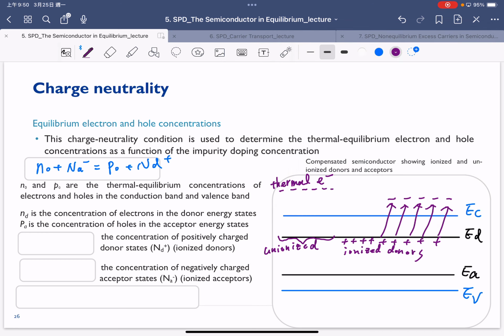And the same concept can also be applied in the case of the holes. So we have the electrons left in the acceptor state, and some part of them, not all of them, are ionized here. But in general, this is called the ionized acceptor.